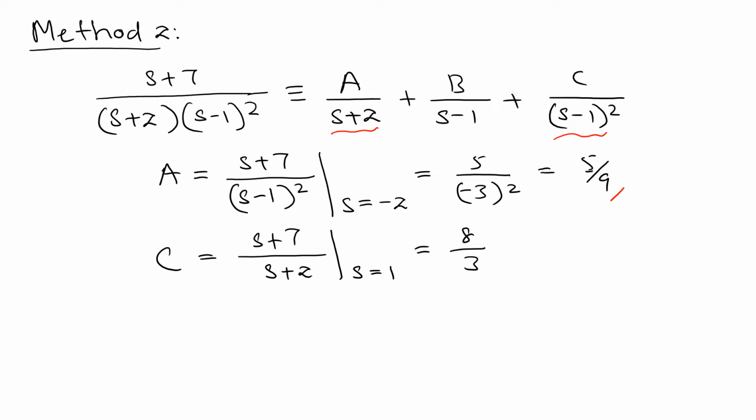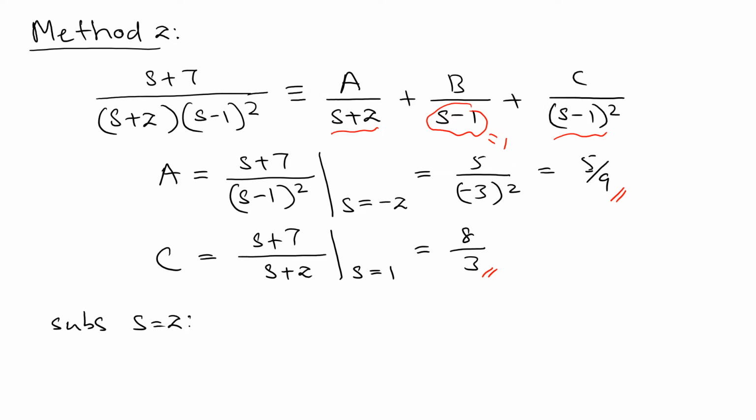Now the question is, how can we find B? You can use the cover-up method for B, but we can do something interesting. We try to make this term equal to 1, so then you get B directly. What we do is plug in S equal 2 into the whole expression. So let's substitute S equal 2.